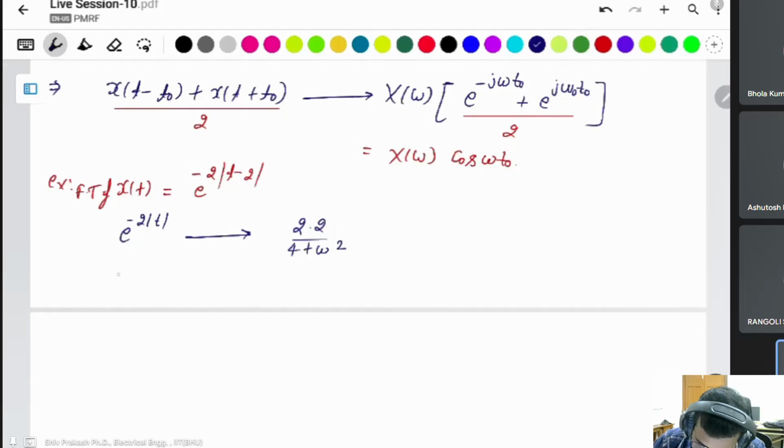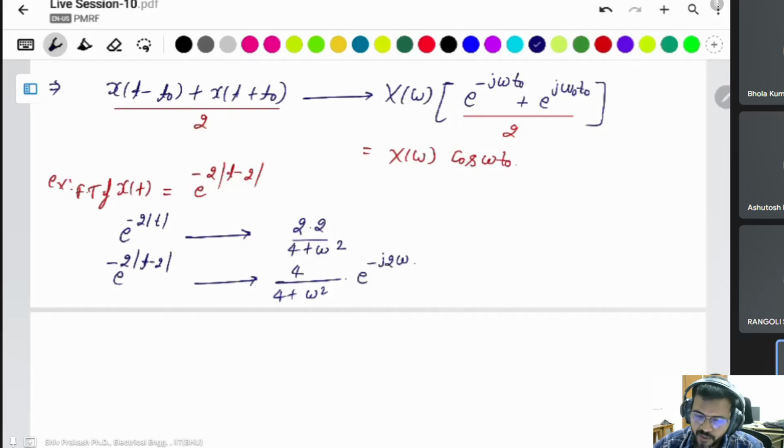Same thing, if you provide some delay here, simply add an exponential term. This will be 4 divided by 4 plus omega square into e to the power of minus 2 j omega.